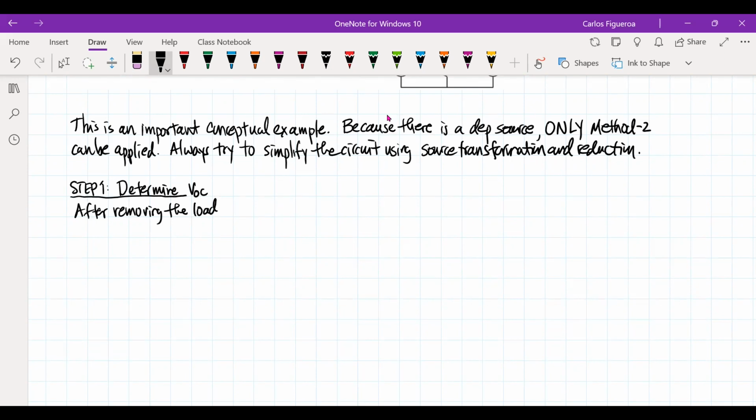I have a current source that's going up. Here's my open. Here's my 2 ohm. And then if I continue, here's my 4 volt, here's my 8 volt.